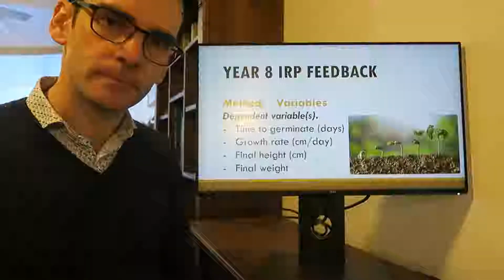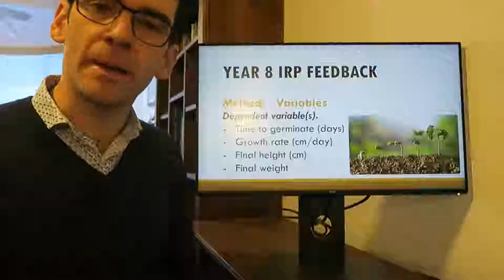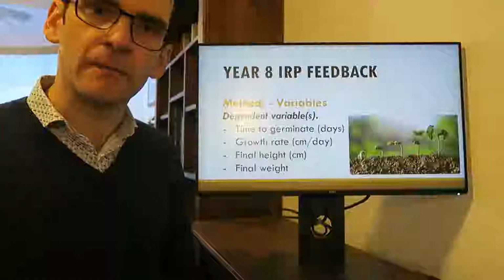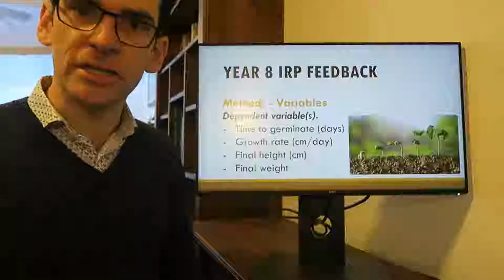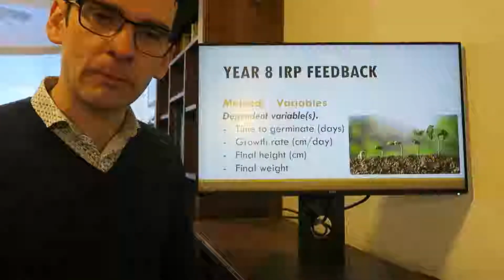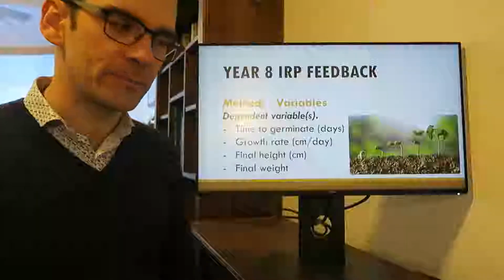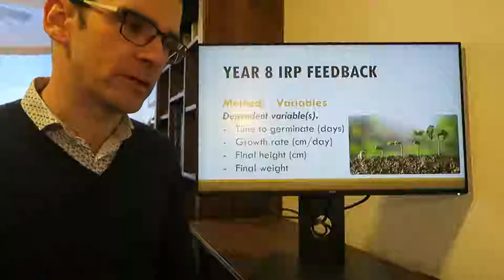It's still the independent variable. It's just that you're confirming that your independent variable is changing the environment as you would have expected. So not everything that we measure in an experiment is a dependent variable, but when we're looking at the response, that is what we're measuring.